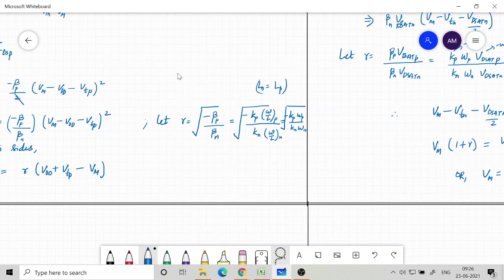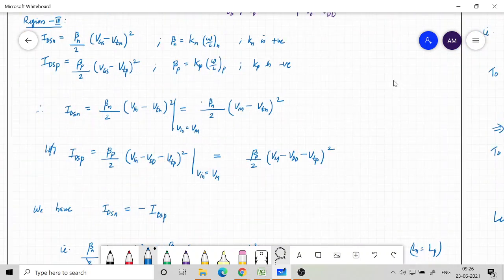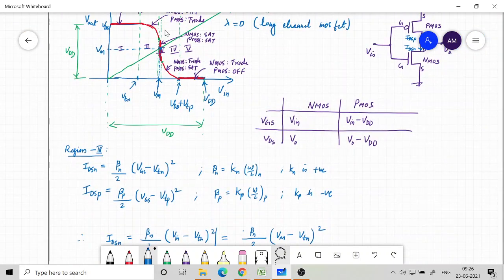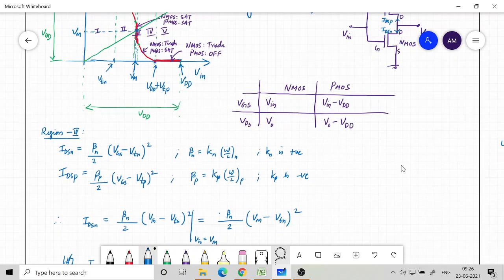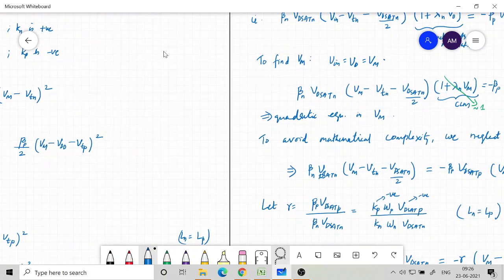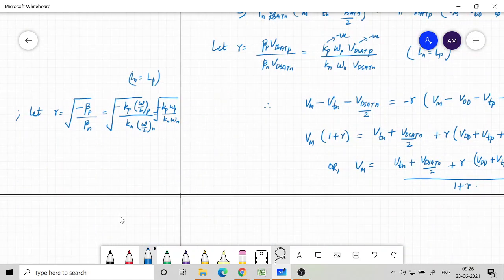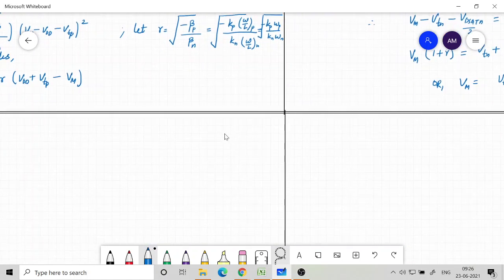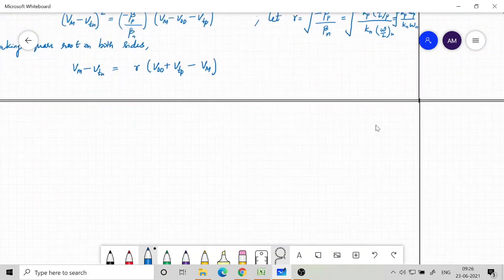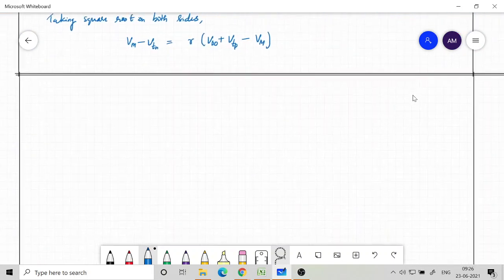And one more thing I want to specify, the experiment you have done where I demonstrated with the non-zero channel length modulation, there was no vertical portion in the transfer characteristics, it was slanted. Okay, the slope was never becoming 90 degrees, but it was lesser than that. Okay, so that's about Vm.